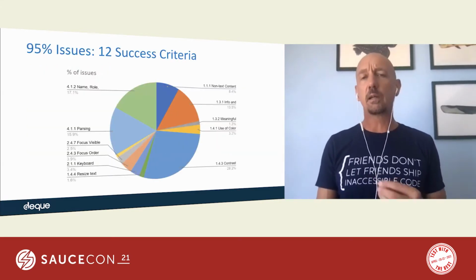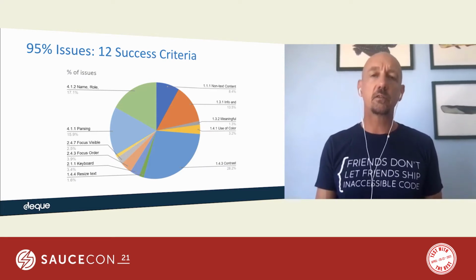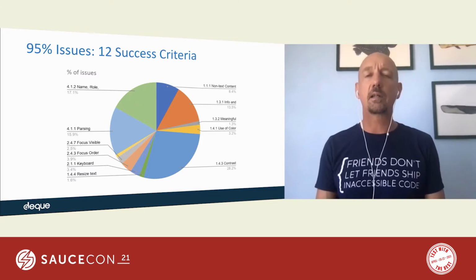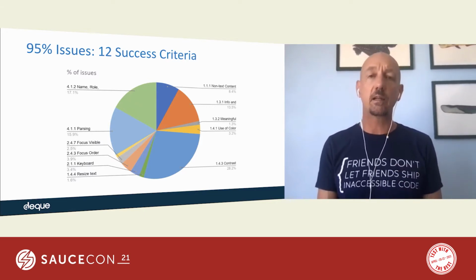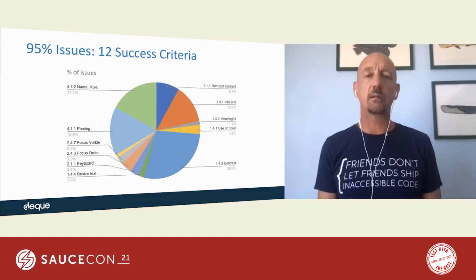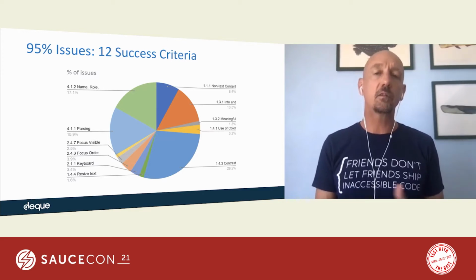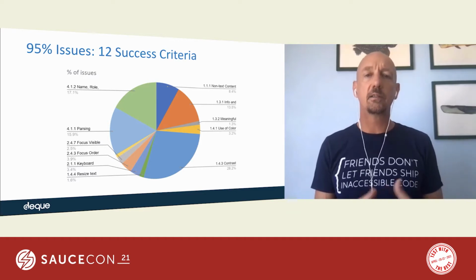The good news when it comes to accessibility is that 95% of the accessibility issues that we've found over the years, as we've gathered a lot of data from our customers, and that includes both those that can be found through full automation and those that have to have some manual testing applied to them, can fit into 12 of what are called the Web Content Accessibility Guidelines success criteria.